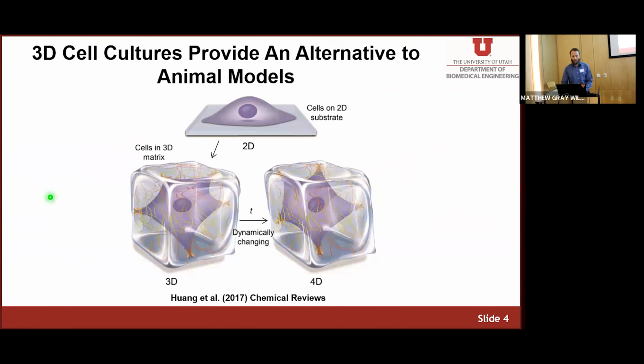And so we believe 3D cell culture systems provide such an ideal model for this application. A 3D cell culture is essentially where the researchers have developed an artificial extracellular matrix for the cells cultured within them to grow and behave within a 3D environment that's more similar to their natural tissue environment. And it's been shown that cells cultured within these matrices behave more similarly to their in vivo counterparts.